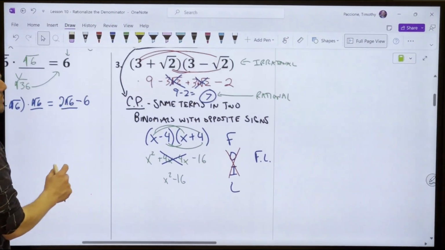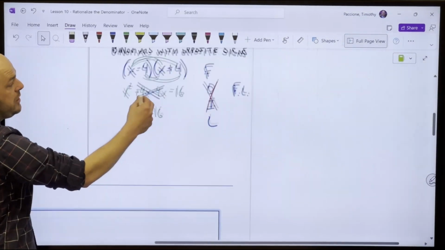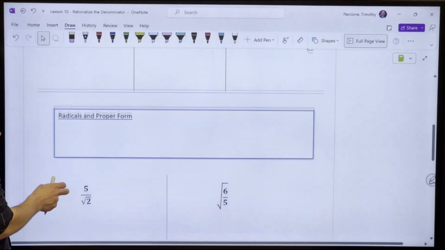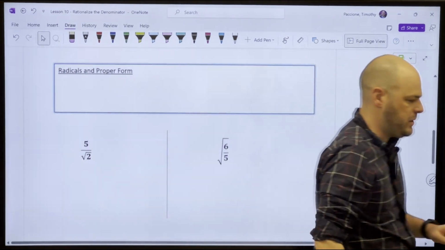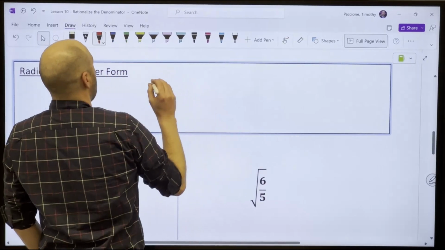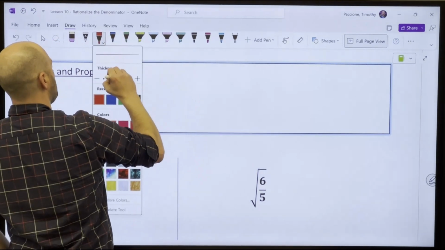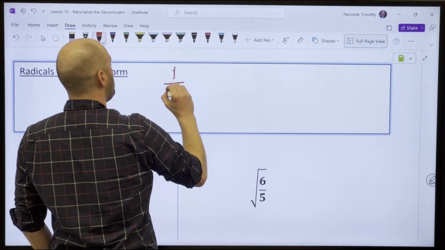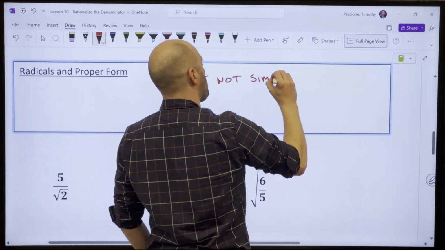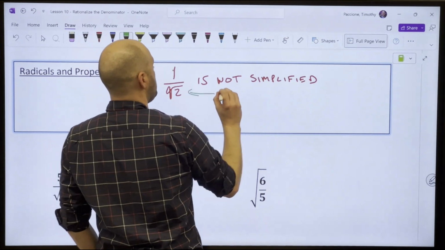Okay, so those are our two ways to rationalize situations, right? Either just multiply by the root that you have or the conjugate pair. All right, so when would you have to do that? Actually, first let's talk about why we would have to do that. Here's the rule, right? I'll give you the rule through an example. 1 over the square root of 2 is not simplified because square root of 2 is irrational.